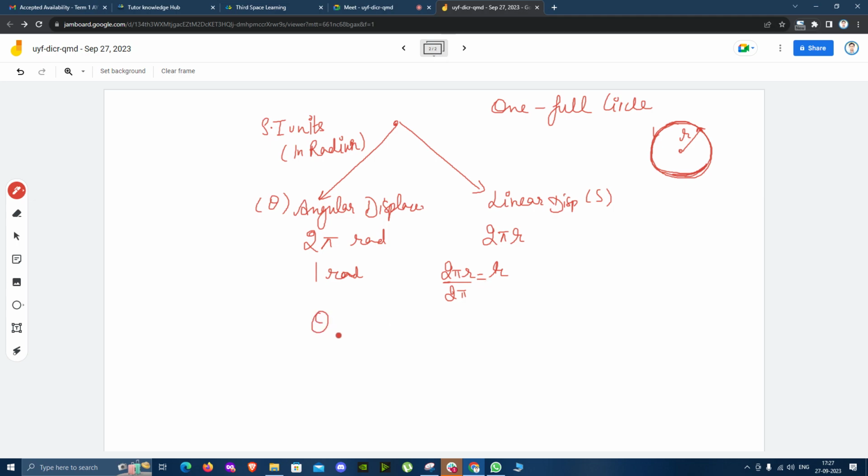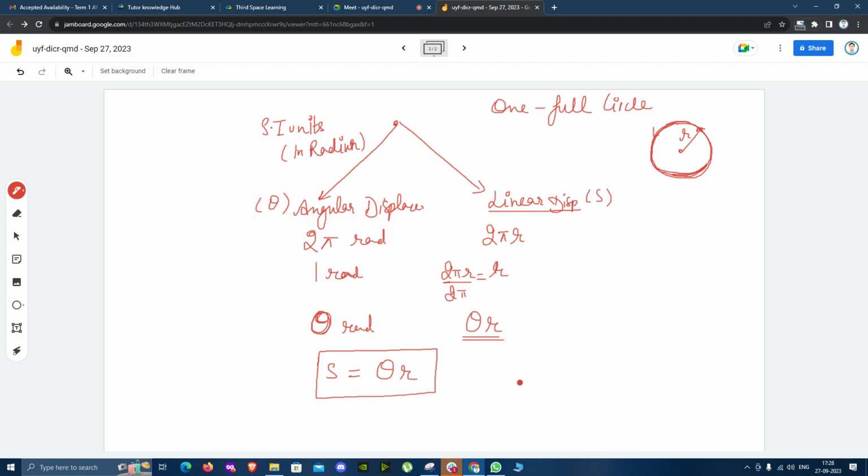And theta radian, the angular displacement theta radian, will then be theta r. In linear terms, we can say that the linear displacement S is equal to theta r. This is the relation between angular displacement and linear displacement.